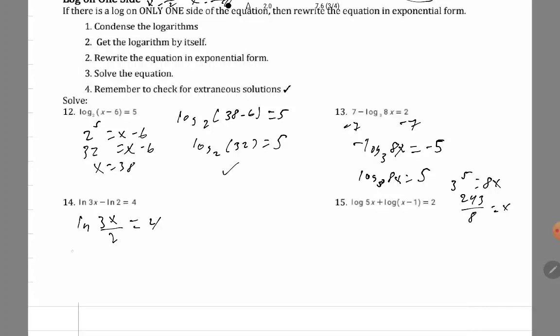So what happens, I'm going to exponentiate both sides by e. So this is e to the ln and e to the 4th. So I get 3x minus 3x over 2 equals e to the 4th. Multiply both sides by 2, and then divide by 3.